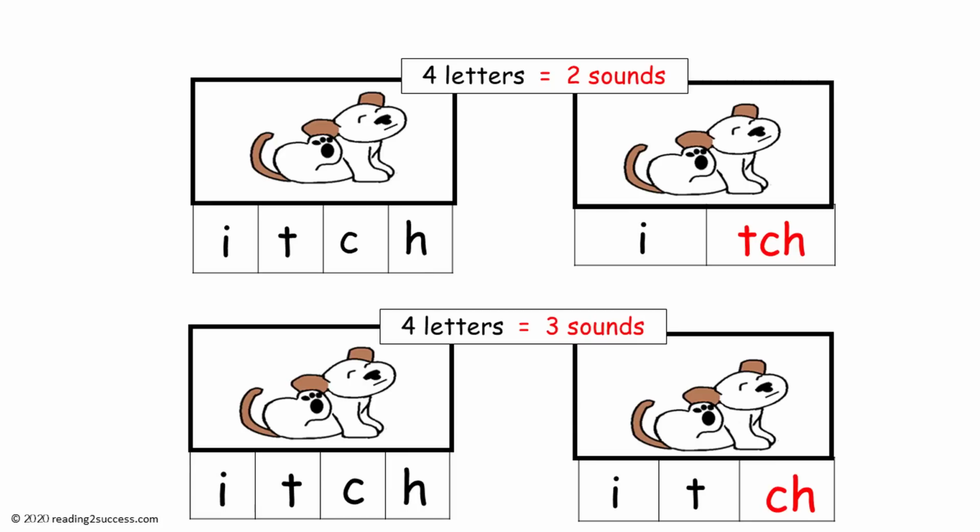So now the word itch that has 4 letters has 2 sounds, I and ch, making it ch.